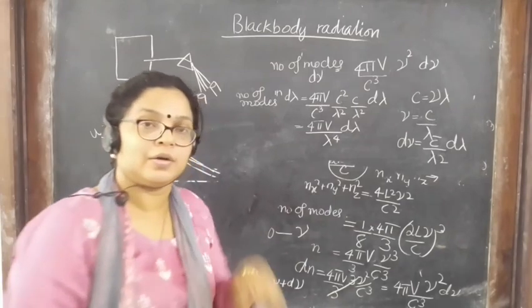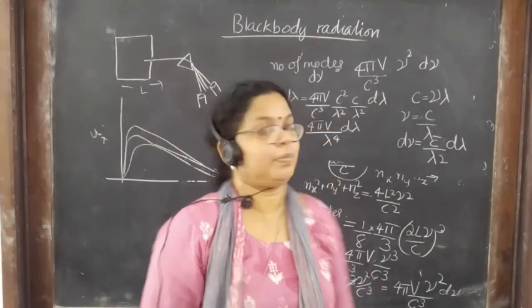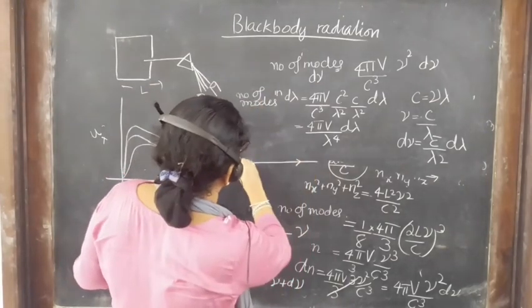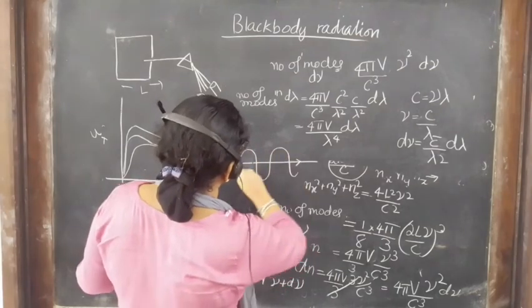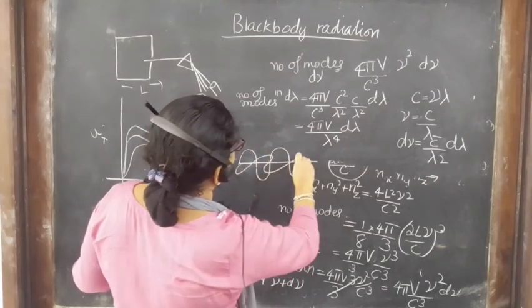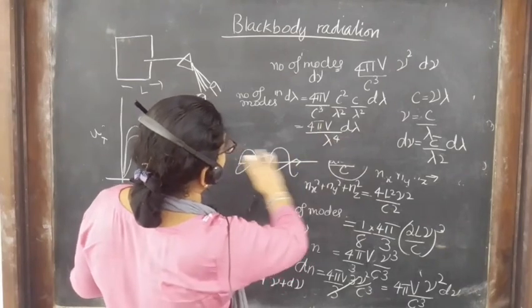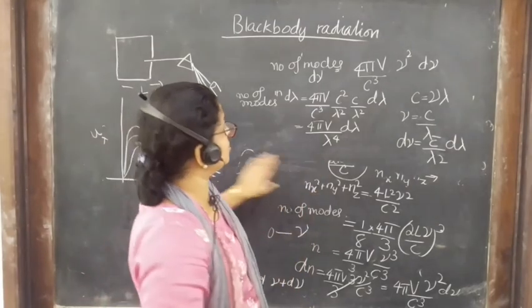But there are two modes of vibration, because if the wave is moving in this direction, transverse waves will be there in this direction as well as in this direction. So this is the number of modes for one polarization. There will be two such polarizations.